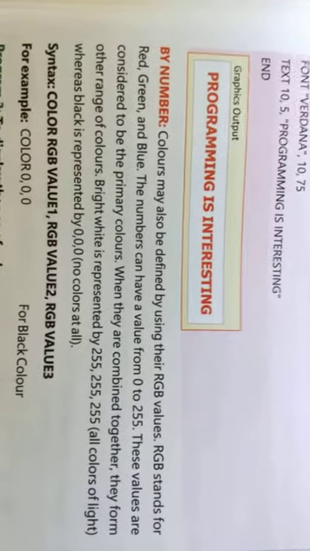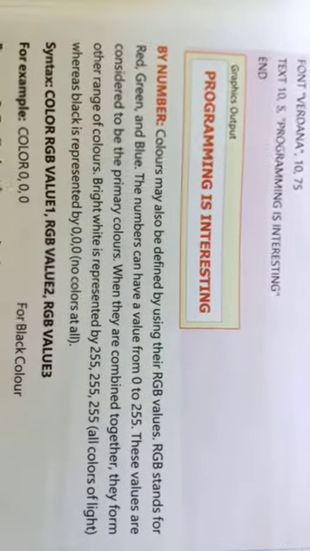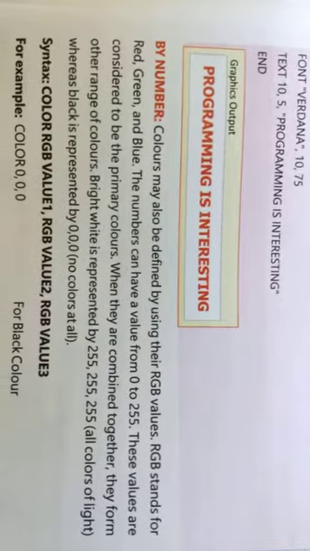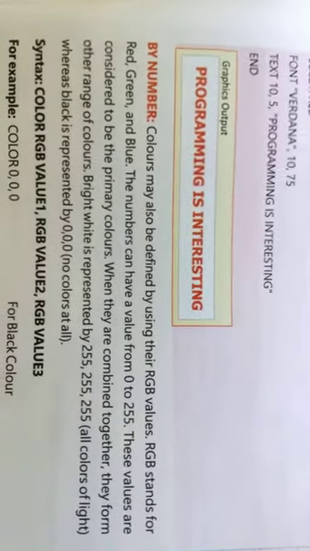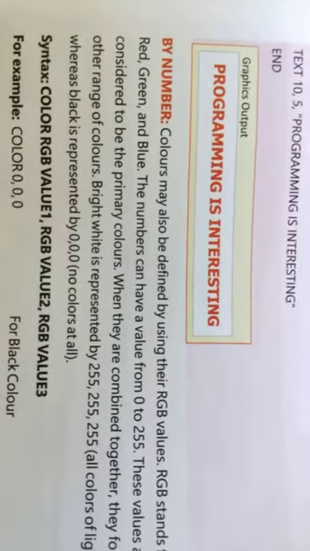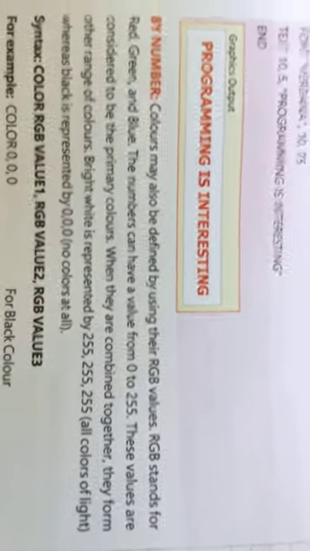So all the colors are made up of these primary colors, and the color ranges are between 0 to 255. So black is represented by 000, that means no color at all.